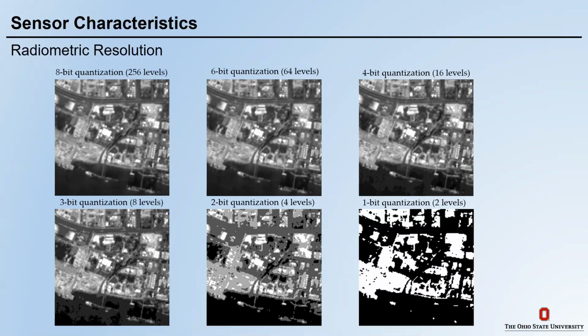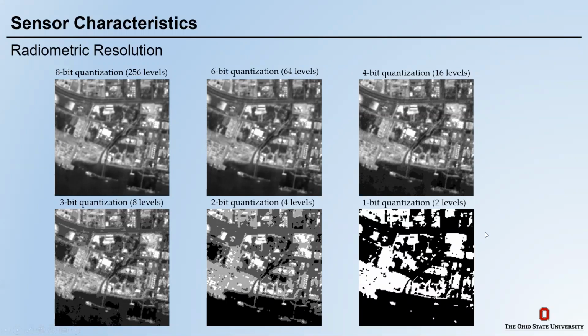One figure binary, that's 0 or 1. We only have black and white in this image, and you cannot recognize or identify any land cover type or any objects here on the ground. It's just white and black patches. If you compare this 1-bit quantization to 8-bit quantization, so 2 levels versus 256 levels of grayscale, huge difference, right?